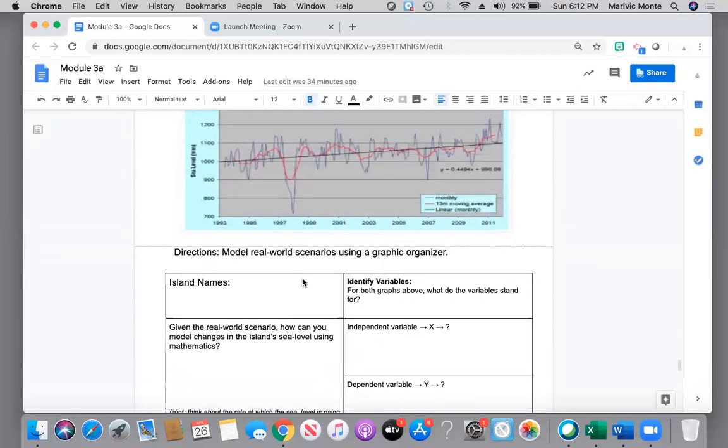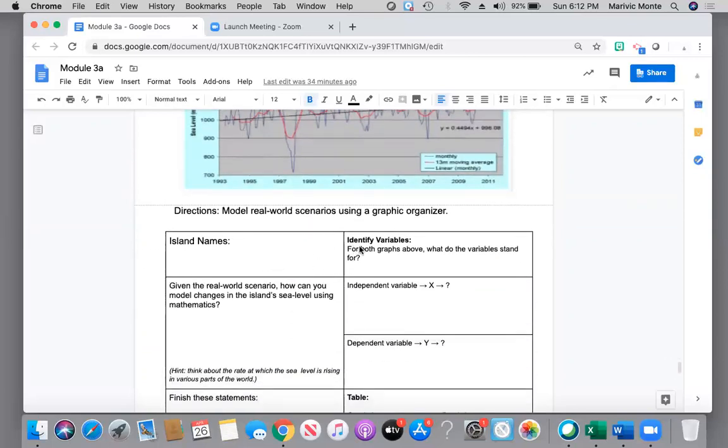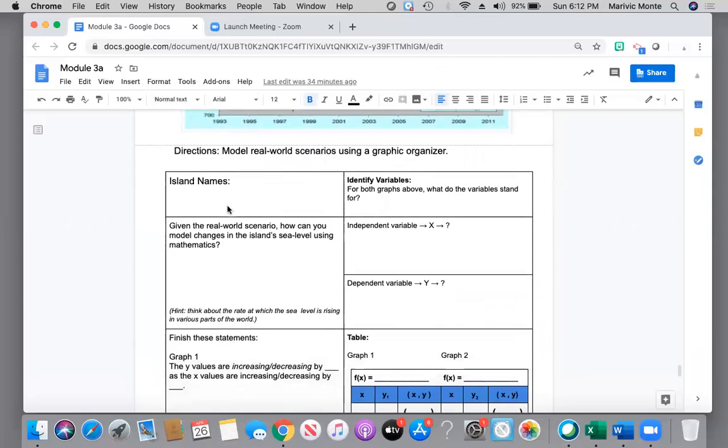And so again, using those two graphs, you will have to fill out these tables. You've got to put in the island names. So identify as well the variables for those. So it's just a matter of explaining what actually the x-axis and the y-axis mean.